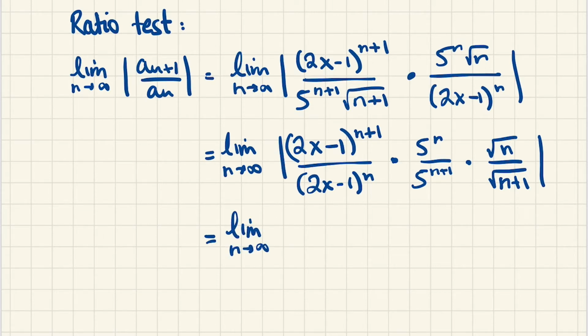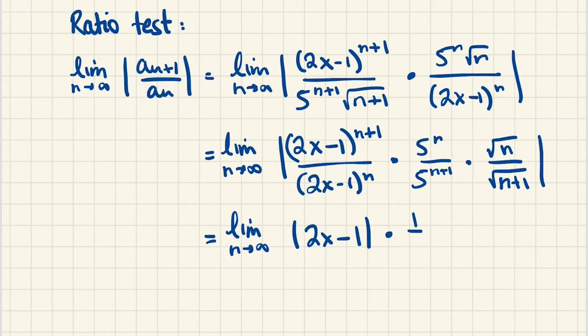Okay, so these 2x minus 1 things simply reduce to the absolute value of 2x minus 1. And we can close the absolute value all the way around that expression as we have, because the other stuff's naturally positive, right?